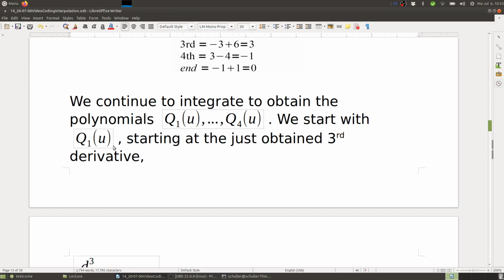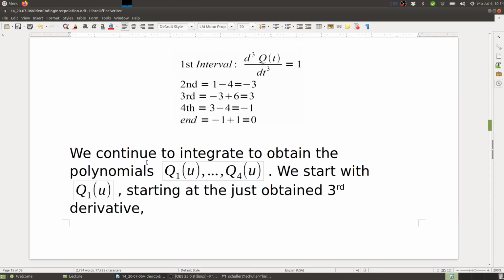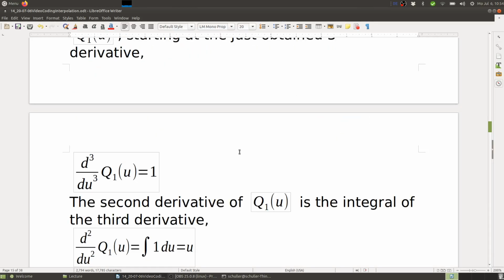We start with q1, starting at the just obtained third derivative. Right, so here we have the first interval, third derivative has value 1. Right, now we need to integrate it. And what do we get when we integrate 1 with respect to u? Well, we get a u. So here we see it, third derivative was 1.